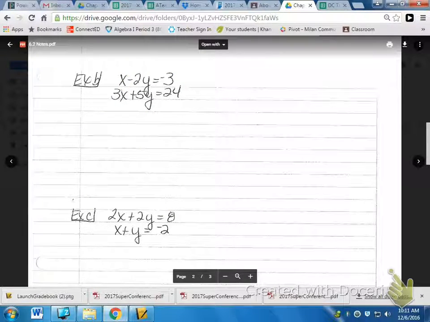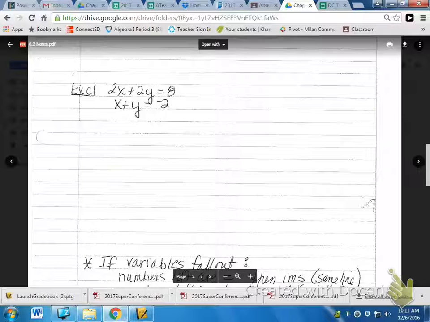Okay, so example C, 2x plus 2y equals 8, and x plus y equals -2. Okay, so again, one of them isn't straightforward x equal y equal, so which one do you think I'm going to fix? Maitri? Yeah, let's do that. And let's just go ahead and subtract y and get that over there. So it would be x equals -y minus 2. Does that sound good?